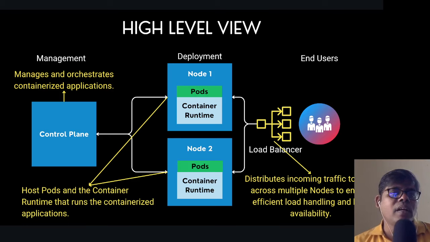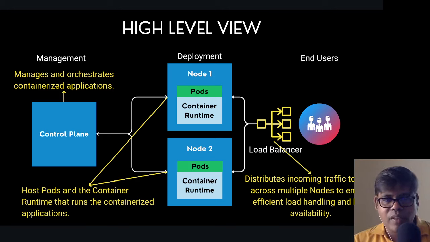If you look at this diagram, you have a control plane. It is like management. Before that, we divided this into 3 layers: the management layer, the deployment layer, and the end users who interact with this, right? In the management layer comes the control plane, and this is responsible for managing and orchestrating the containerized applications.